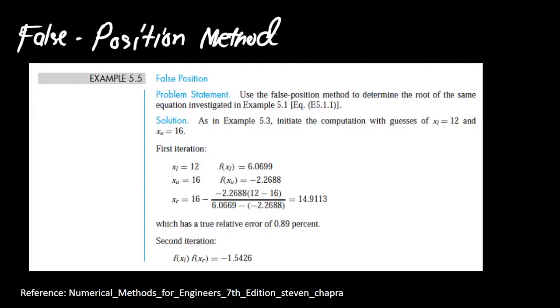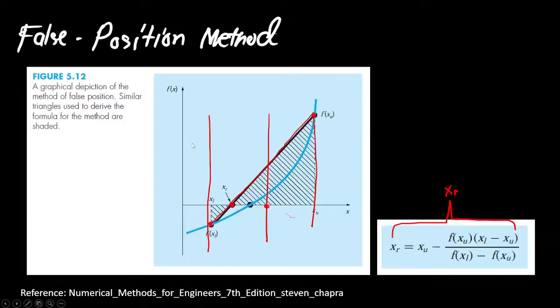So same problem, the parachutist problem. However, we no longer take the average; we need to solve for the new root based on this formula. So x sub r is equal to x sub u minus f of x sub u multiplied by the difference between x sub l and x sub u, all over the difference of f of x sub l and f of x sub u.